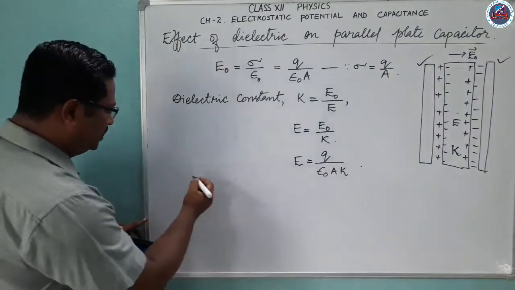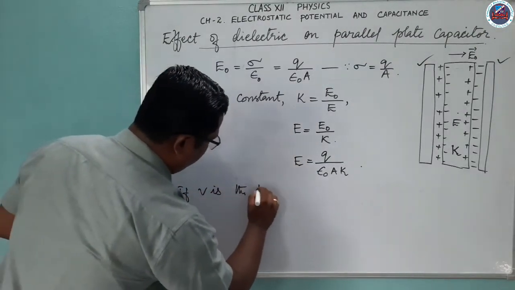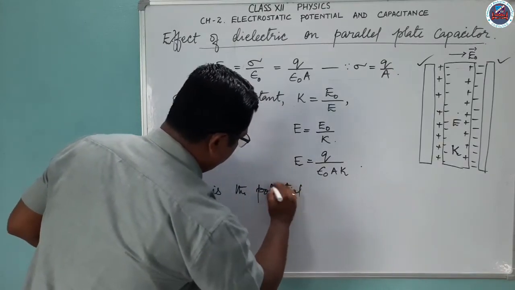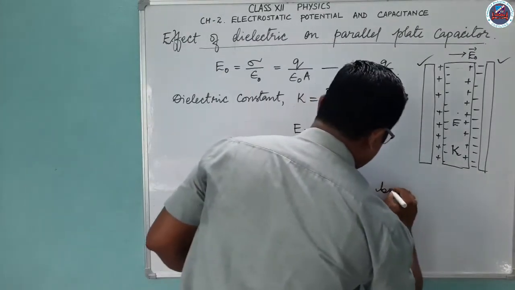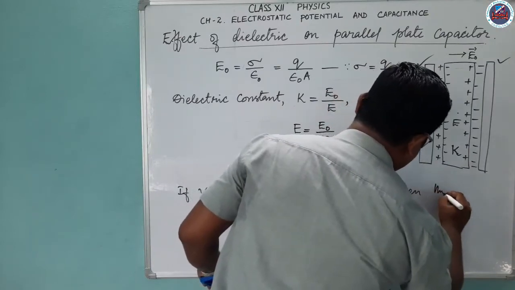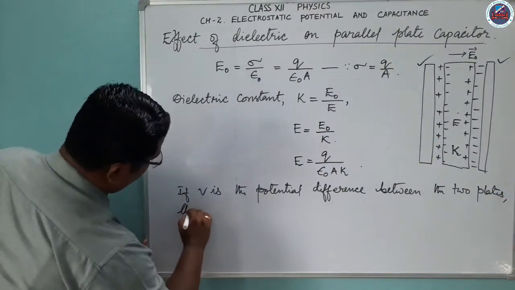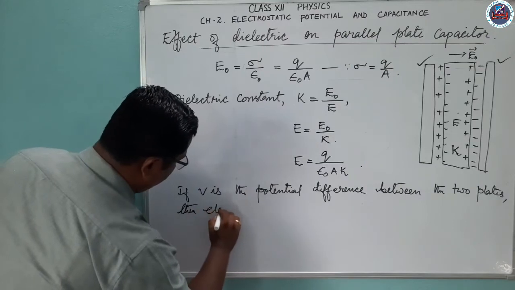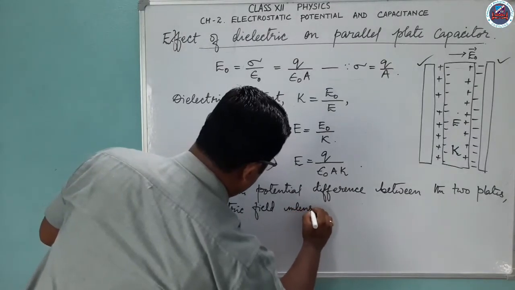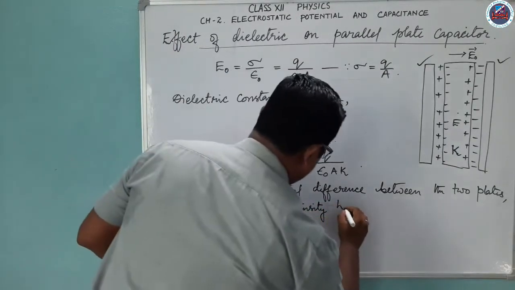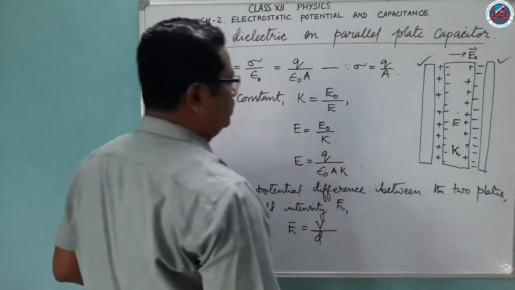Now if V is the potential difference between the two plates, then electric field intensity E is given by E equal to V divided by the distance of separation between the plates.